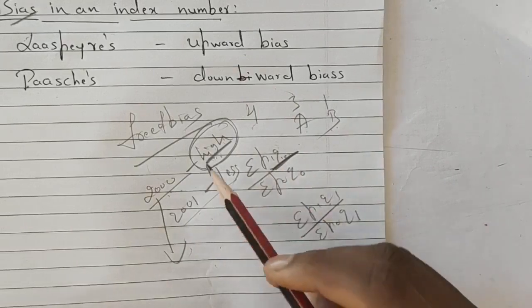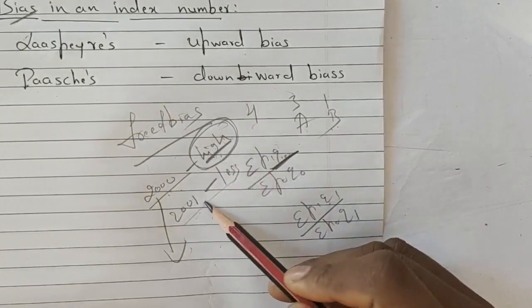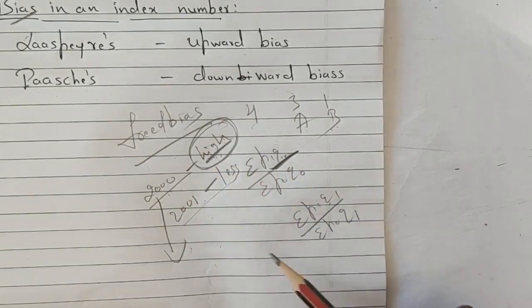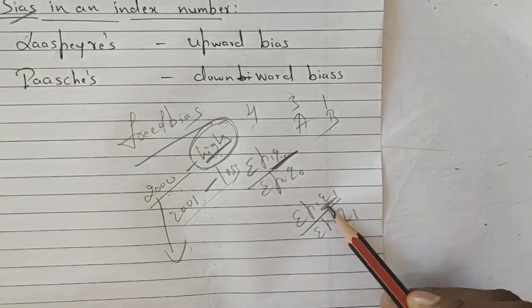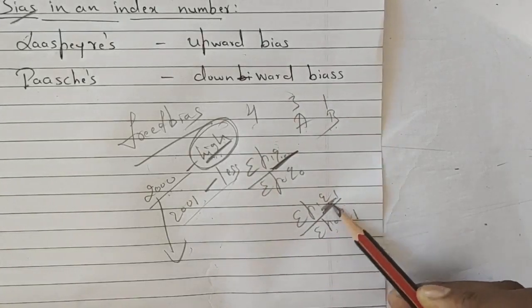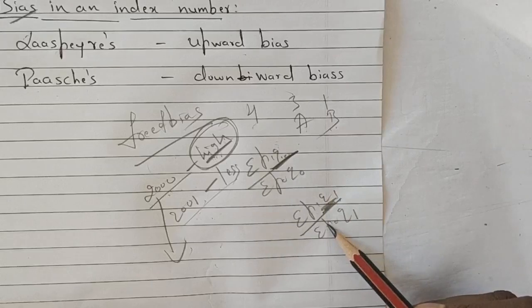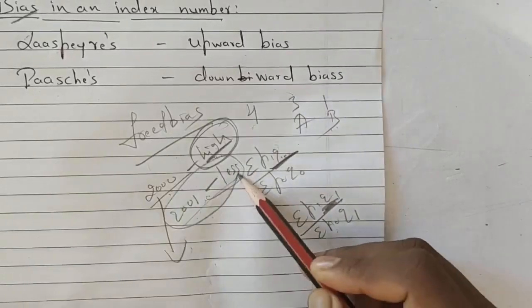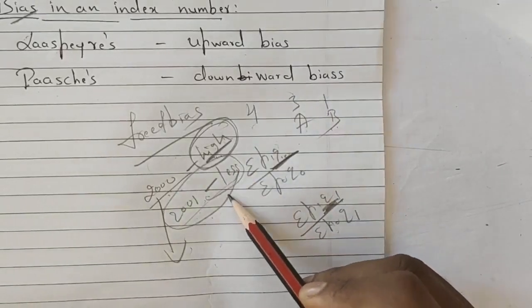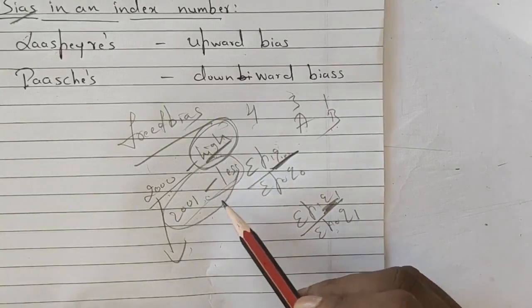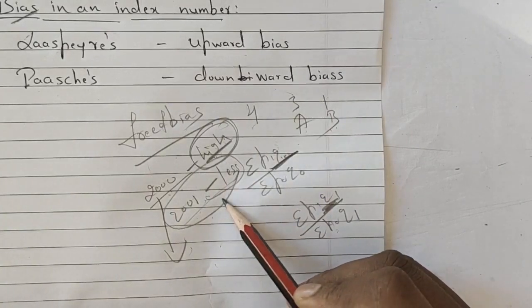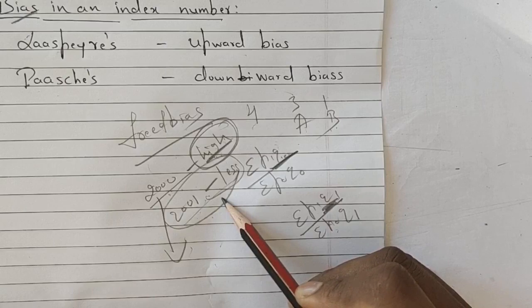Considering Paasche's, we give importance to current year quantity. So our answer will be less because in 2001 the sales of the product are very less. So this will be downward bias. Understood? This will be downward bias.